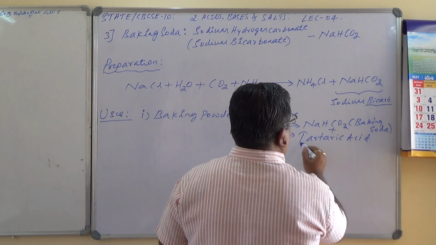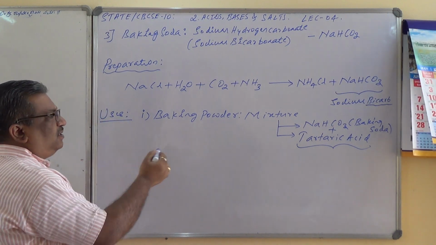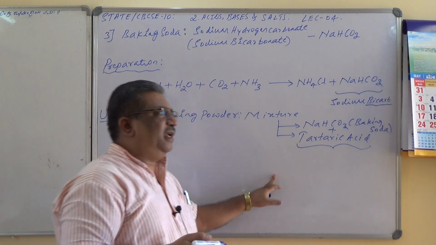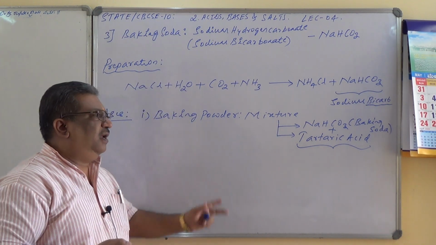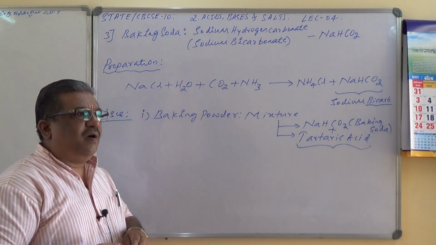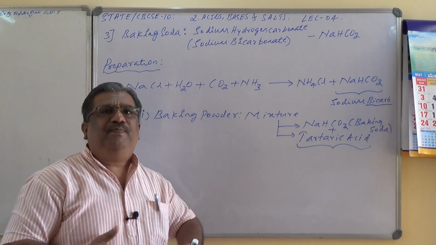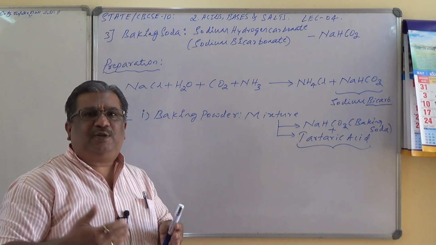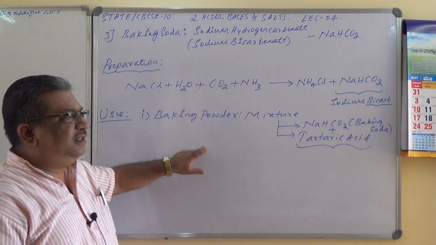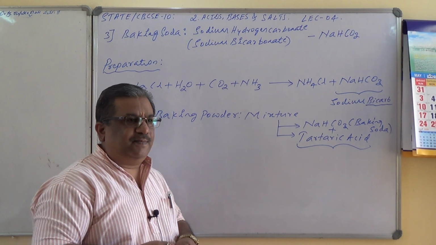These two put together we call baking powder. You understand? Important thing is, whenever baking powder is used in the preparation of cakes or bread, the bakery products become soft, spongy and fluffy, isn't it? So what causes them to be soft and spongy in bakery items?